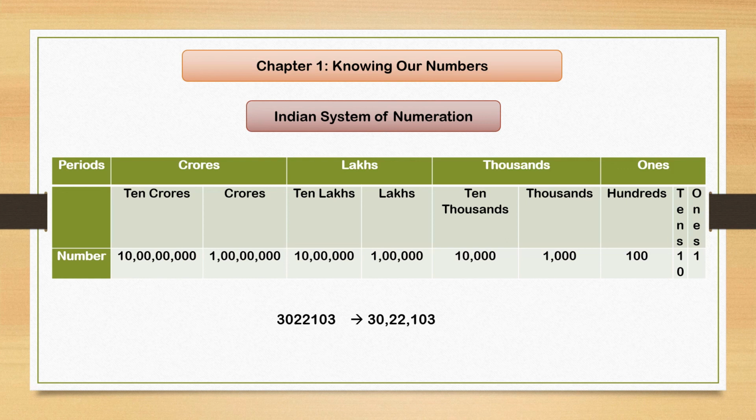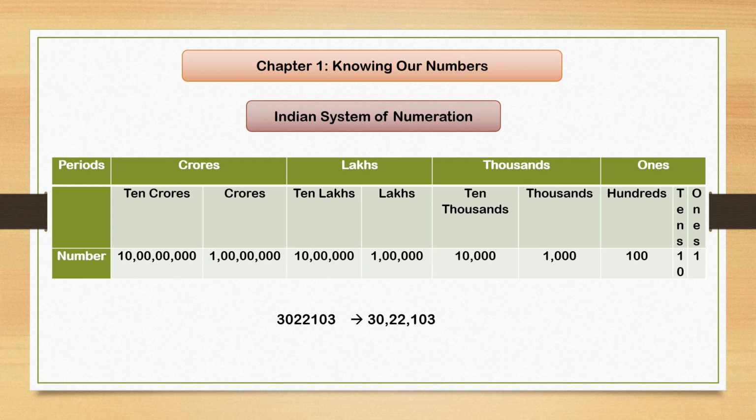First, we have Indian system of numeration. As you can see, here we have a chart representing the Indian system of numeration. This system has four periods named as ones, thousands, lakhs and crores.